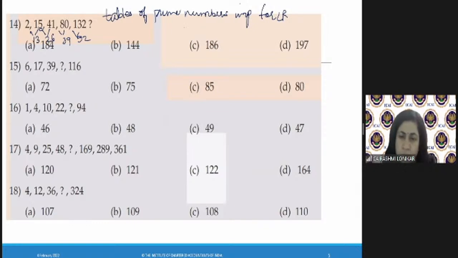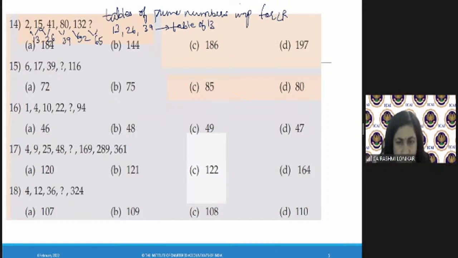See, because once you see these numbers 13, 26, 39, this means what? This is a table of 13. Table of 13. So what will happen? Next will be how much? 52. So 13 5s are 65.